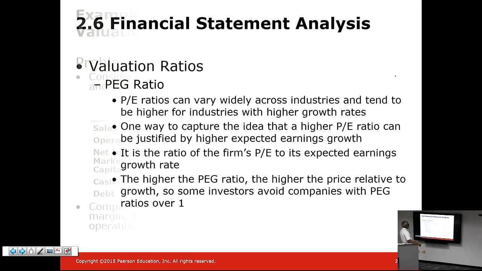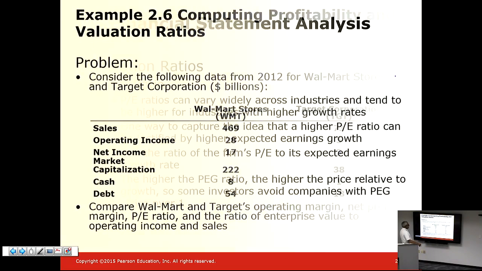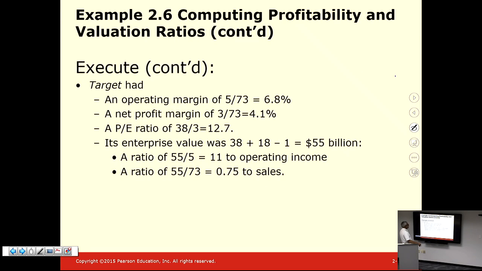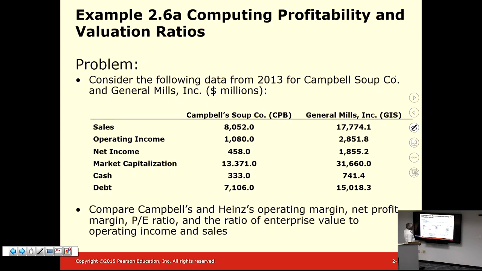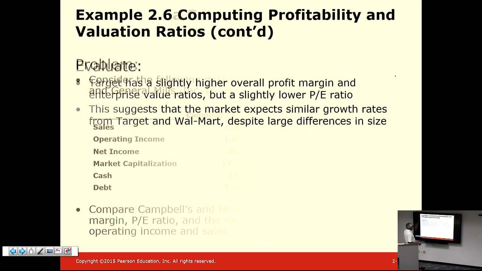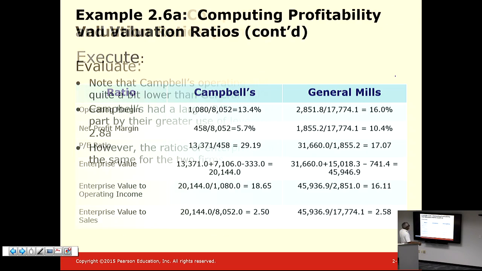Same idea. Okay. So you can work through some of these examples on how to calculate these ratios and these numbers, and also review some of the problem tutorials.